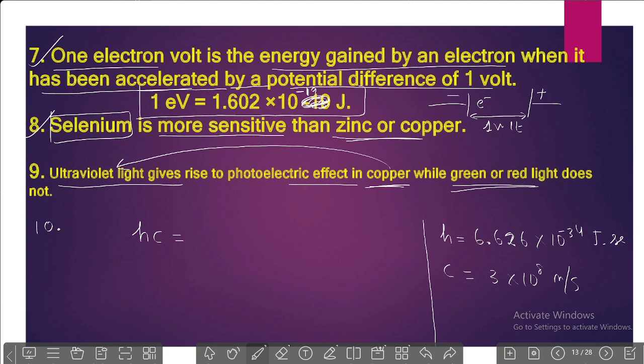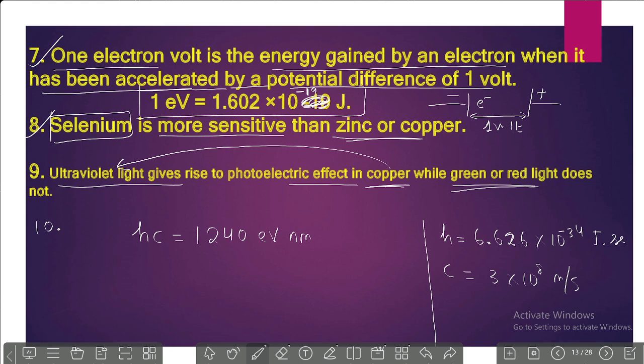Now remember everyone, hc equals 1240 electron volt nanometer. If you multiply the h value and c value, you'll get this.